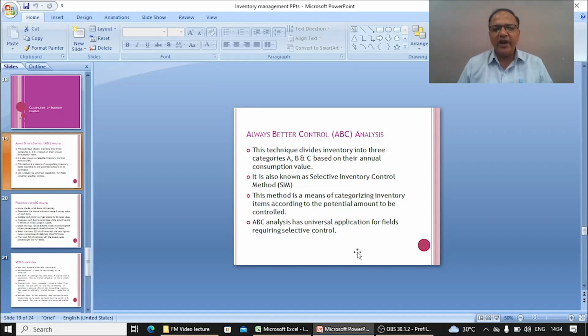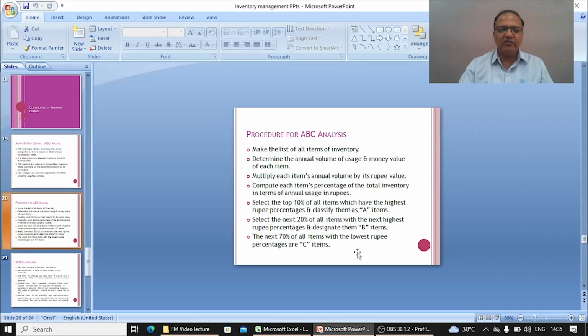This technique divides inventory into three categories: A, B, and C, based on their annual consumption value. It is also known as selective inventory control. This method is a means of categorizing inventory items according to the potential amount to be controlled. ABC analysis has universal application for fields requiring selective control.